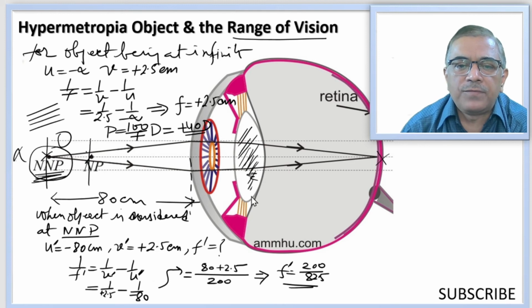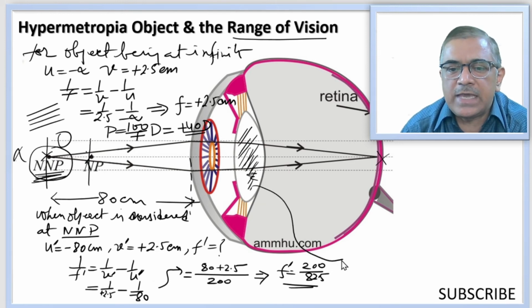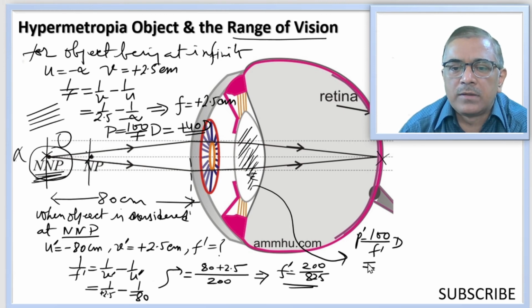Now the power of the eye lens in this case, P is equal to 100 by f dash diopter, and this is equal to 100 divided by 200 upon 82.5, and this you will get as plus 41.25 diopter.